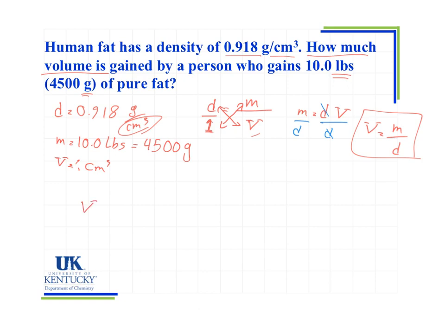So we're trying to solve for volume. We have two numbers for mass. Which of these two should we use? Well, the unit for density is gram over cubic centimeter. If you want to cancel the units, we cannot use pounds because there's no pound in the density unit, but we have gram.